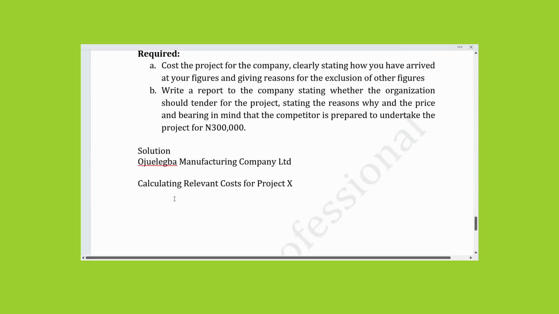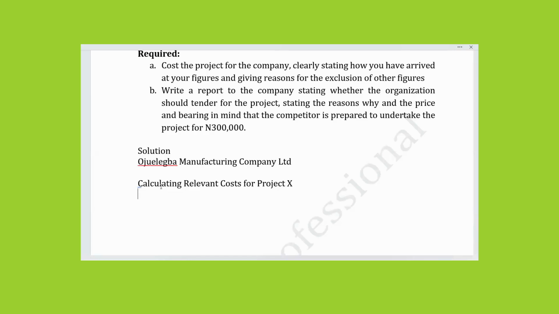Remember, from the introduction of this question, it relates to Project X. All right. So to do this, you are going to create 3 or 4 columns. Anytime you want to prepare your relevant costs, you create a column for description of the items, a second column for debits, then a third column for credit side. If possible, you can create additional columns for serial numbers depending on the information.